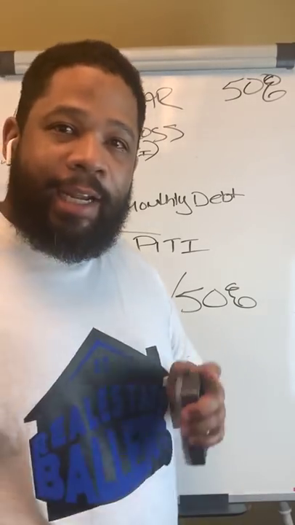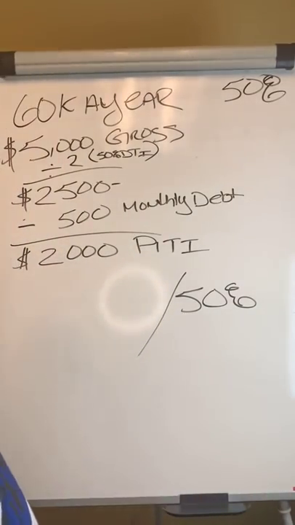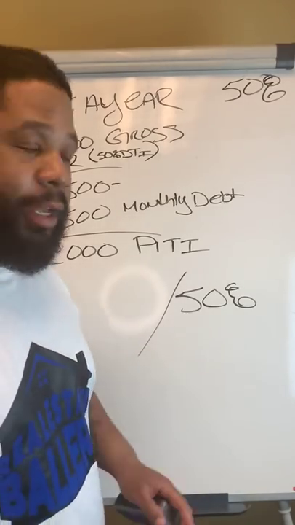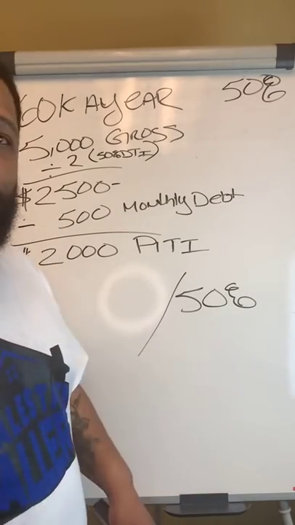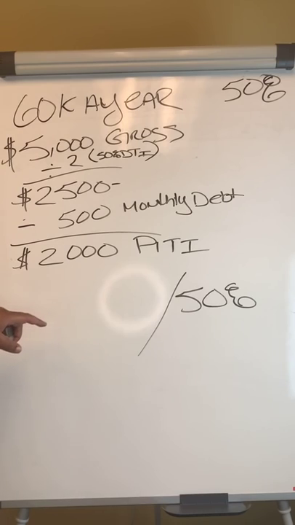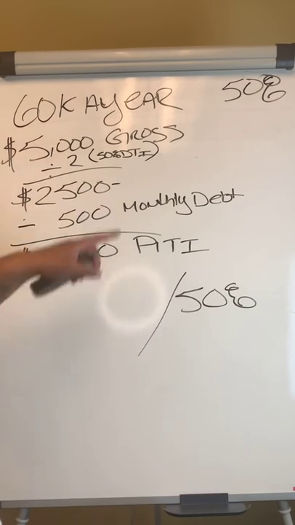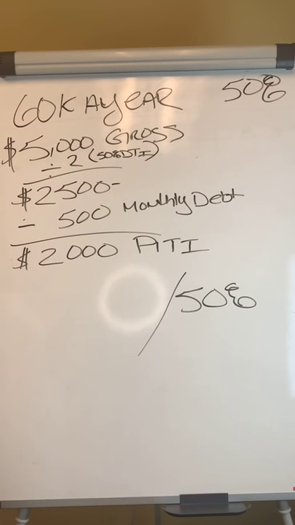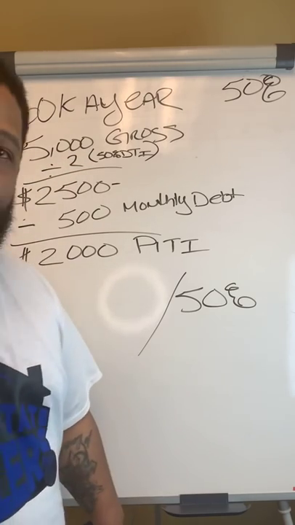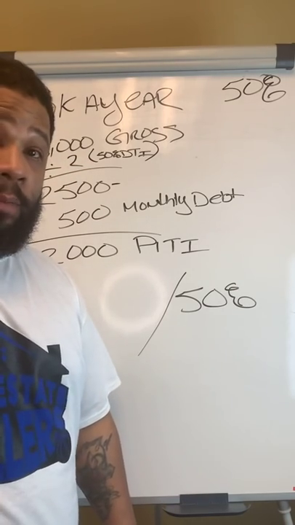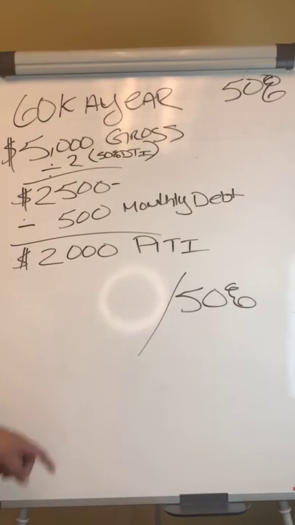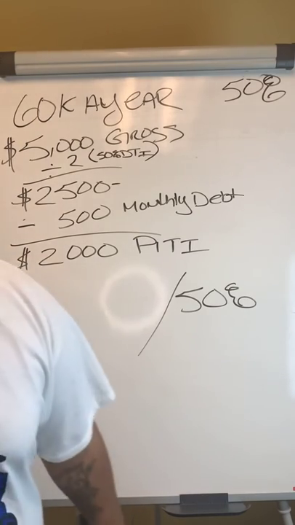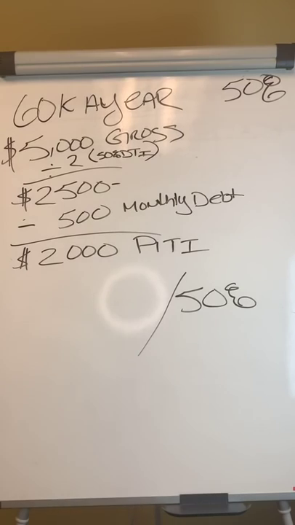Divide that, because I ain't got a calculator right now, and I ain't trying to do no math and look like a damn fool on here. So I need y'all to participate. Put in the comments right now: if your back end is 50% in this scenario, what's your front end ratio? Remember, you're doing your mortgage payment divided by your gross income. I'm about to look at the phone and see if y'all are right. 2,000 divided by 5,000 is your front end. What is it? Let's go.